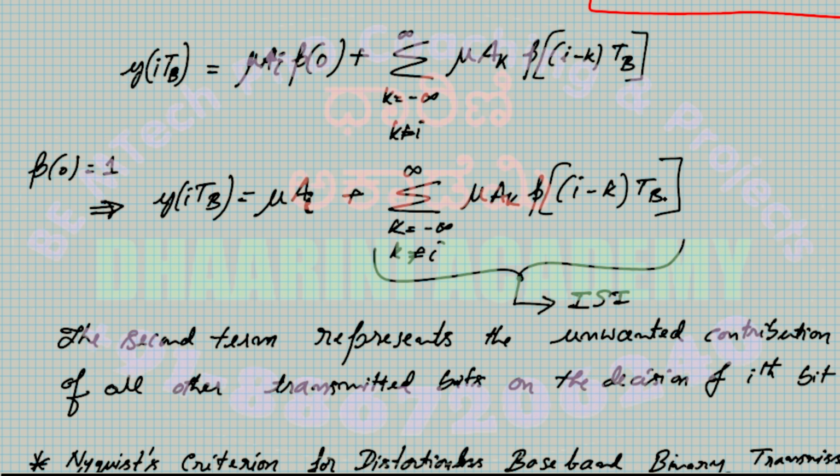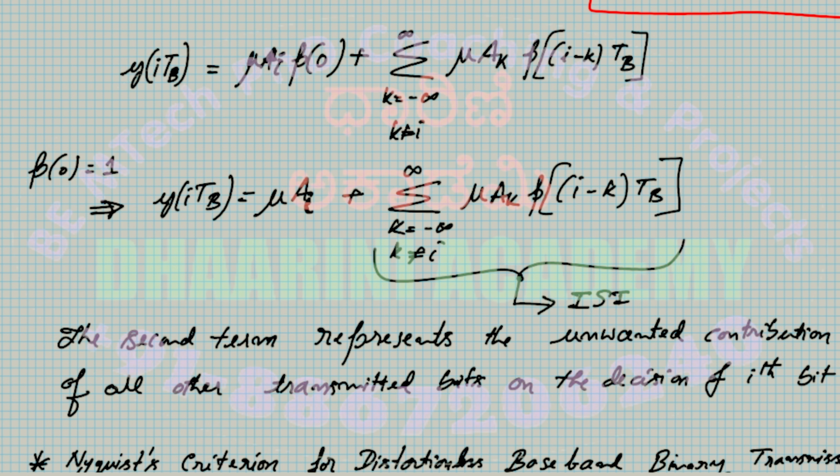Okay. Now let us assume that I'm trying to receive the ith symbol. Okay. So y of iTb is the ith symbol. Okay, that means look at the equation on the right hand side, after the equal to, I have mu into ai. So mu is an amplitude reduction factor, right? But I have ai over there indicating that it is the amplitude of the ith sample itself.